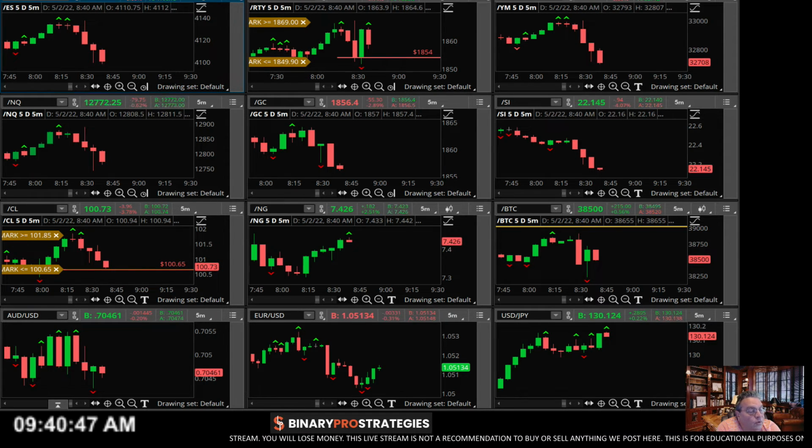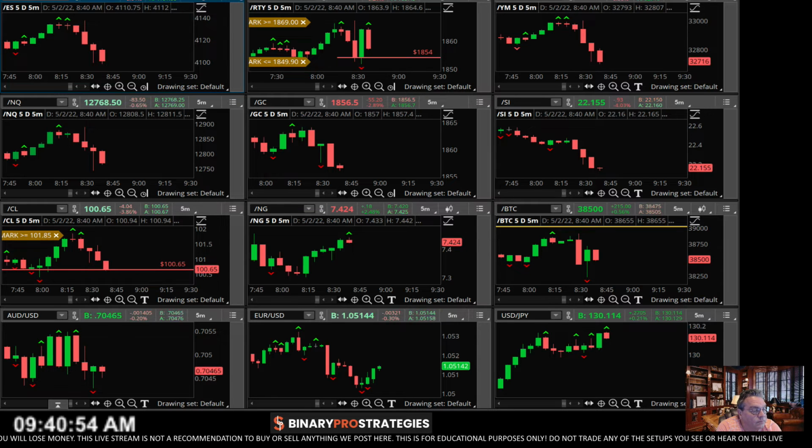I do like to short better here than a buy, but I will give you that reversal. Reversal is going to be 1854. Reverse sell, 1854.